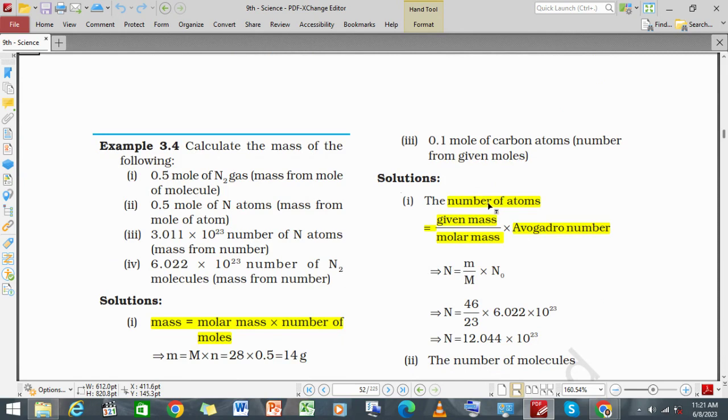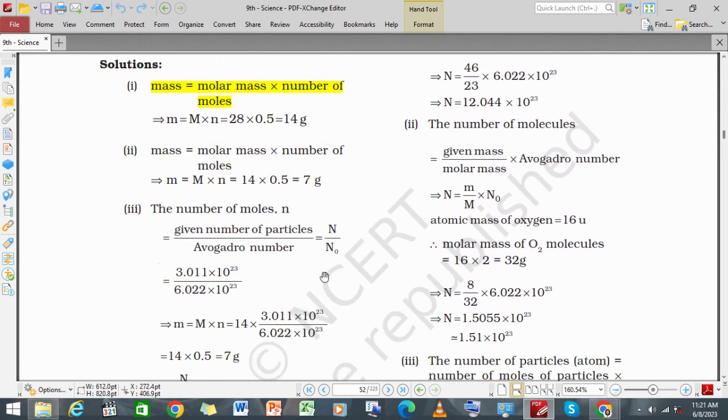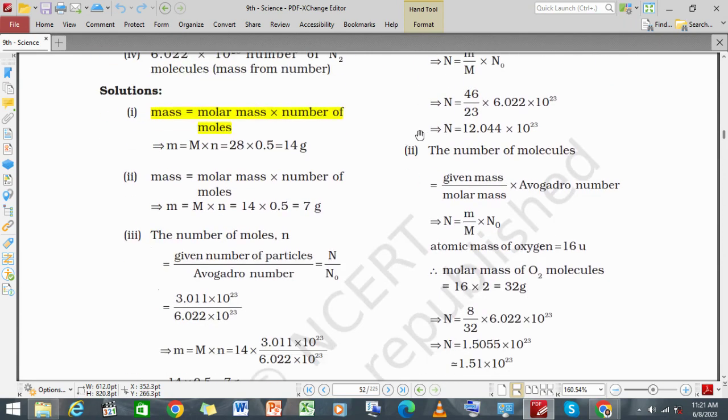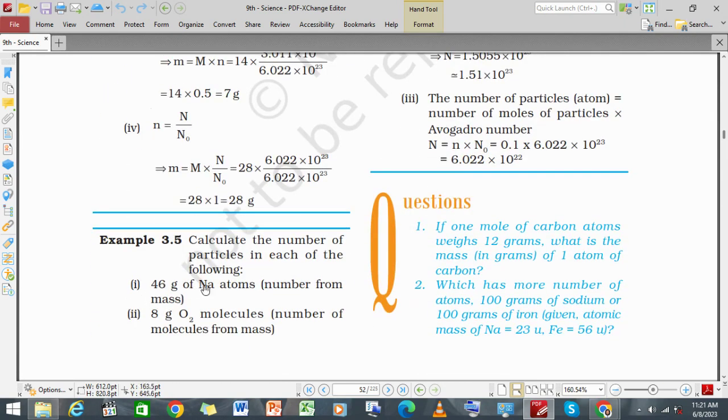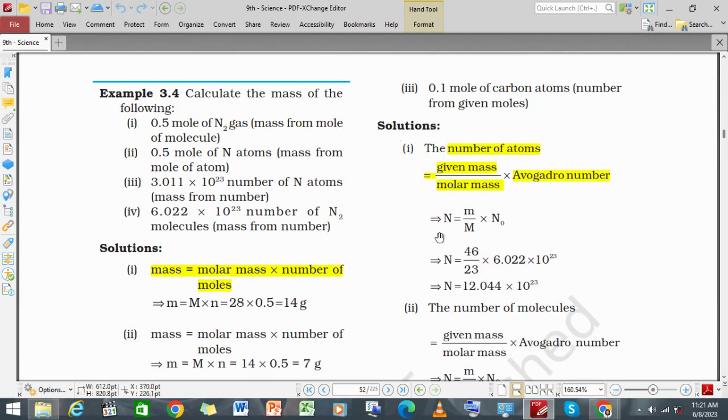Calculate the number of particles in each of the following: 46 gram of Na atoms, number from the mass; 8 gram of O2 molecules, number of molecules from mass; and thirdly, 0.1 mole of carbon atoms, number from the given mole.